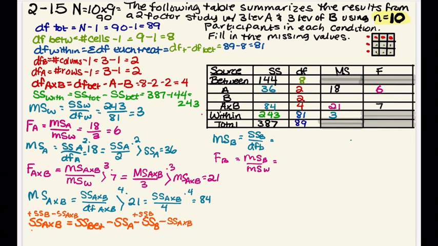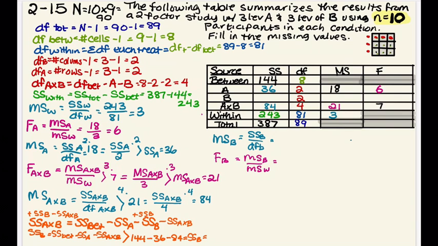We'll find that SSB is equal to sum of square deviations between minus sum of squares for A minus the sum of squares for the A by B interaction. When we plug our numbers in and solve for SSB, we come up with a value of 24.